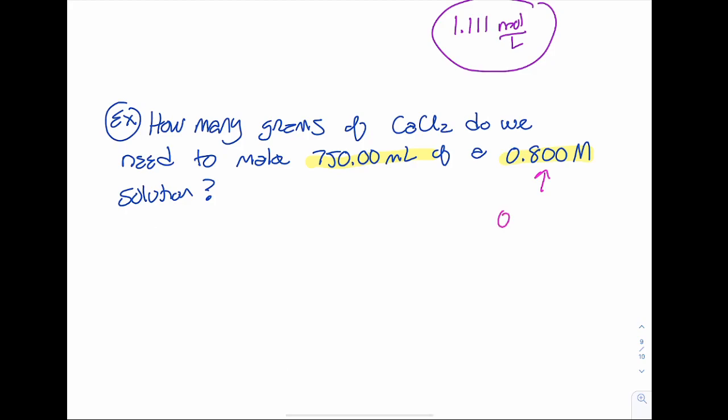So I know that 0.800 capital M is the same thing as 0.800 moles of solute for every liter of solution. That's what that number means. And remember I said anytime you have units where there's something over something, I can use it to convert between those two somethings. So I'm going to use that number as my conversion factor between moles and liters. So this is my conversion factor.